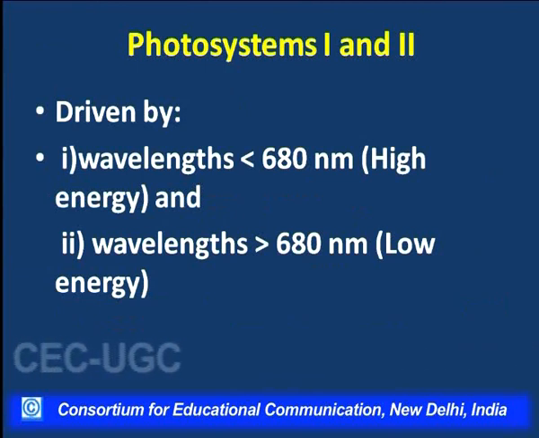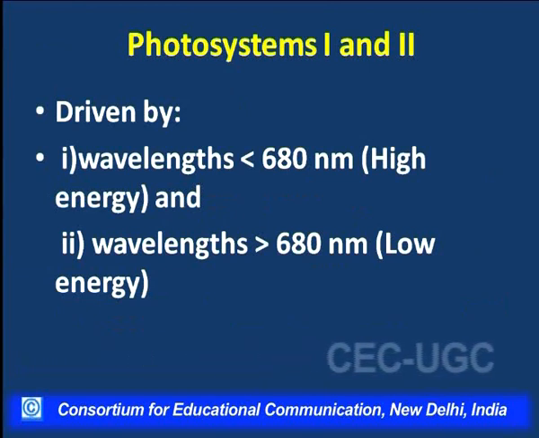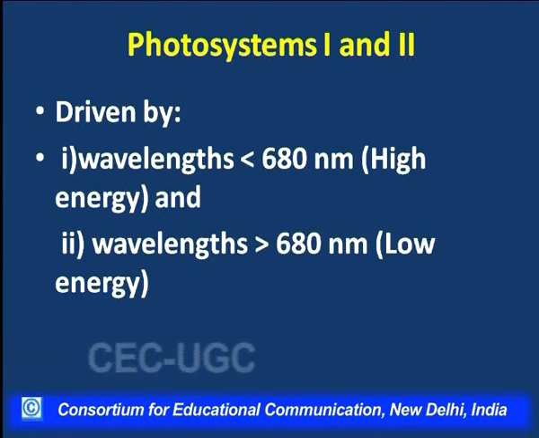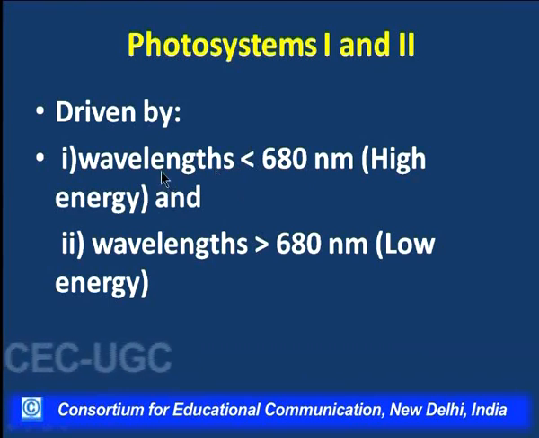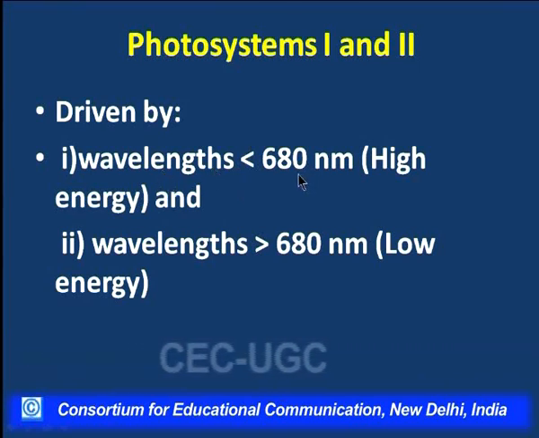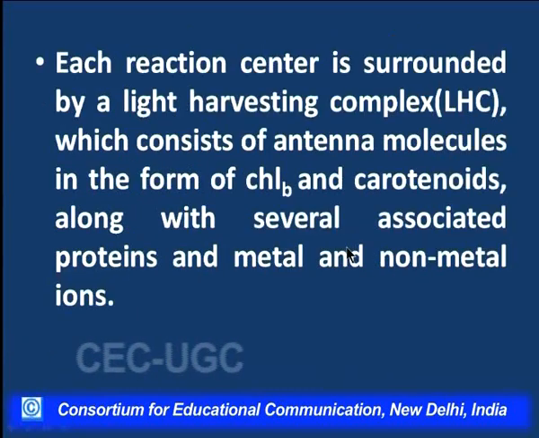Let us have a more detailed discussion on the two photosystems that have been discovered on the basis of Emerson's and Arnold's work. They are driven by two systems. One is wavelengths less than 680 nanometers, which is photosystem 2, and the other is wavelengths greater than 680 nanometers, which is the low energy photosystem 1.